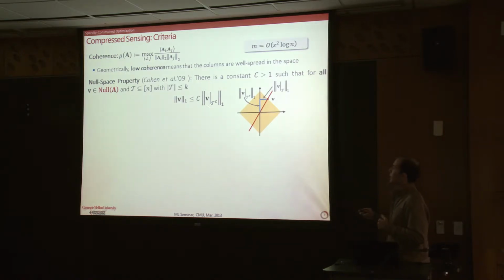The null space property, in a slightly different way, ensures that condition. It means that the null space of the measurement matrix A is oriented in a way that if you shift the null space so that it passes through a sparse vector, the shifted null space is not going to intersect the L1 ball at any other point.